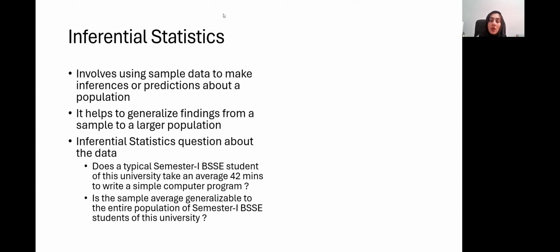We learned from the descriptive statistics that the average of the sample of the data was 42 minutes. But now we need to verify whether it is the true mean of the entire population of those students. Is the sample average generalizable to the entire population of semester 1 BSSC students of this university? And once we know that, we will be able to make better decisions and predictions.